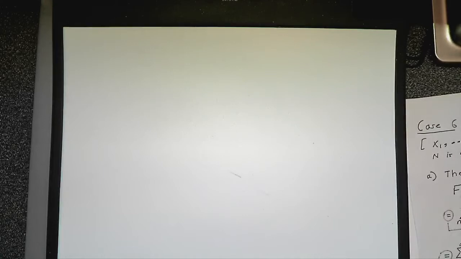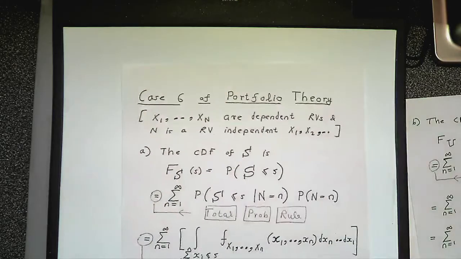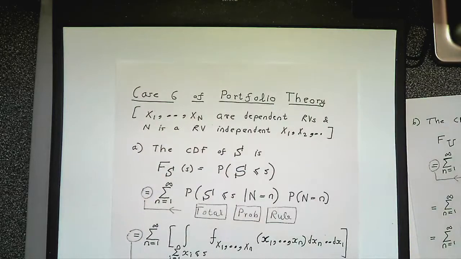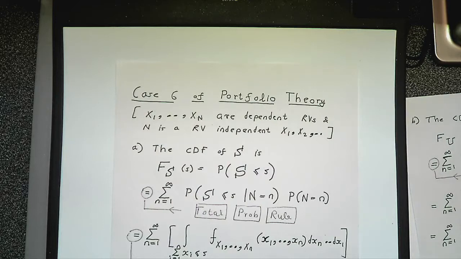All right. Now, finally, case 6. Case 6 is the most general of the 6 cases. It is where the losses of the investments are dependent random variables, and the number of investments is also a random variable independent of the losses, right?